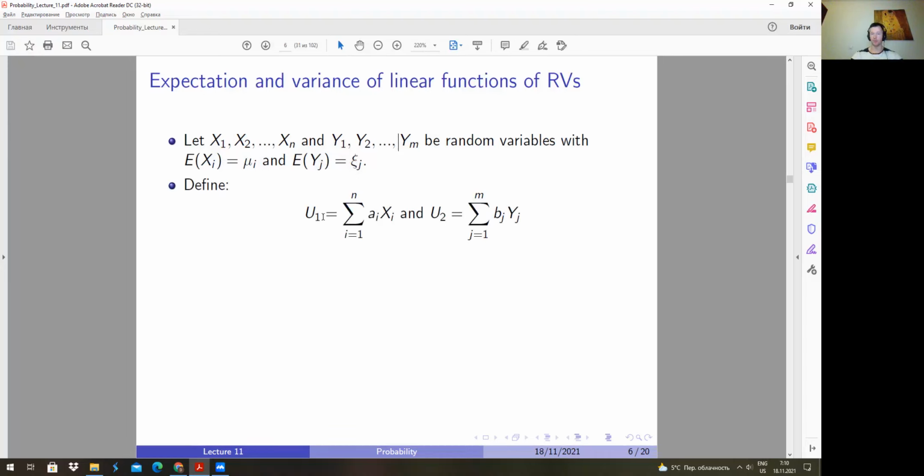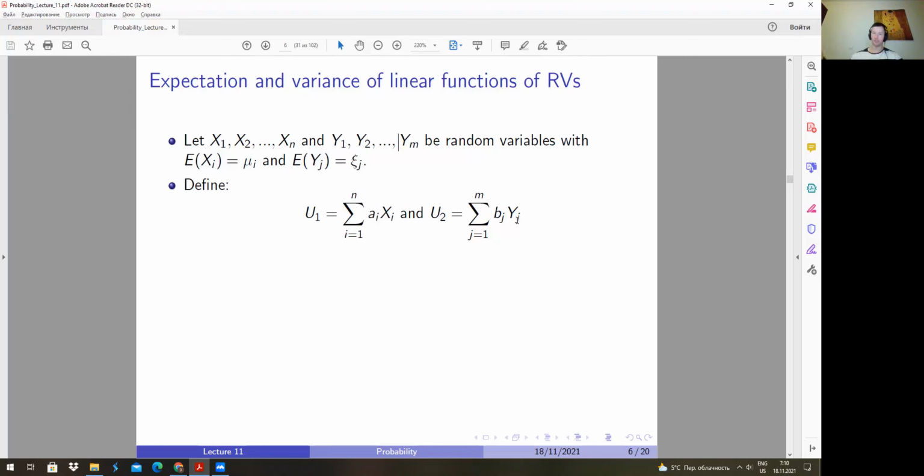Let us define the linear functions of these 2 random vectors. One is going to be u1, and this is just a linear combination of random variables x multiplied by some constants a. So we take random variable x1, multiply it by some coefficient a1, plus random variable x2 multiplied by some coefficient a2, and so on up to n. And the same story for the random variables y.